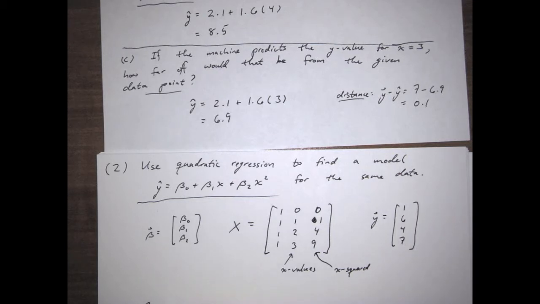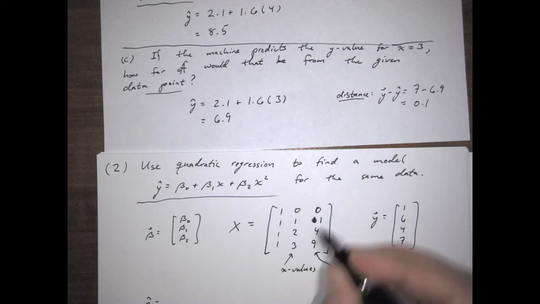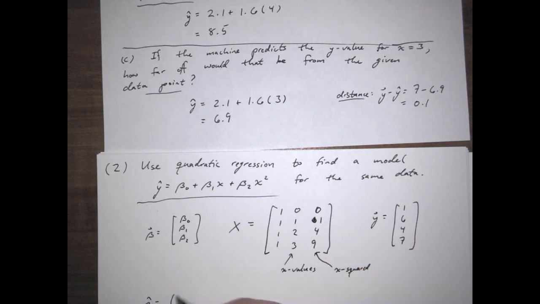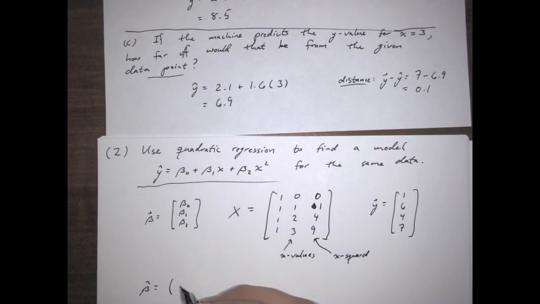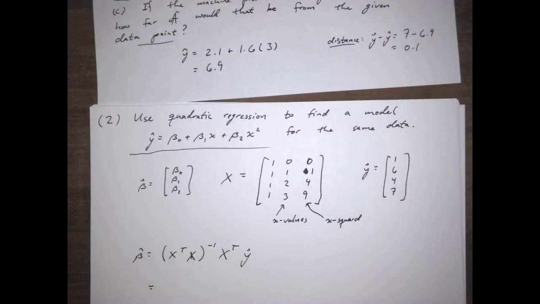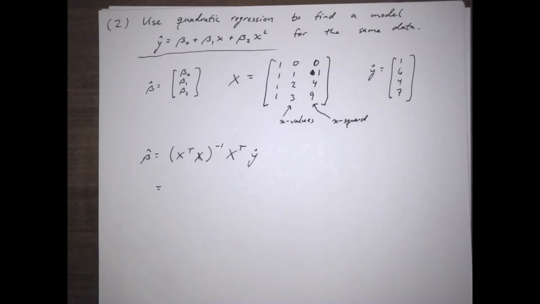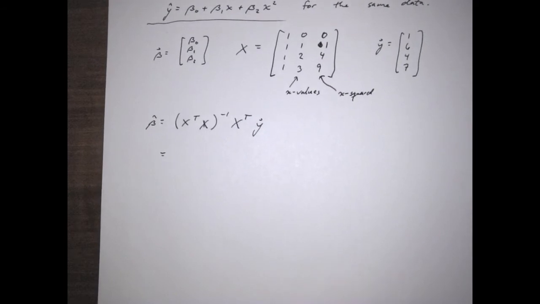Alright, well, now beta hat is not actually any different in its calculation from what it was before. It's just that x is different and beta is different. But it's still going to be x transpose x inverse x transpose y, which again we can just go straight to the calculator and ask it what it thinks the answer is, because after all, it's willing to do the grunt work on this more reliably than we can, provided of course that we don't give it any typos.